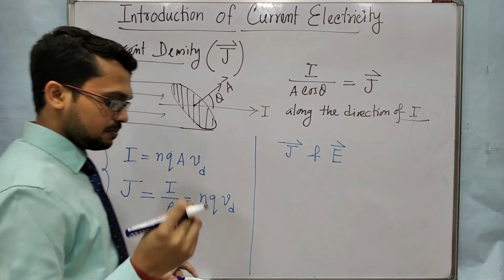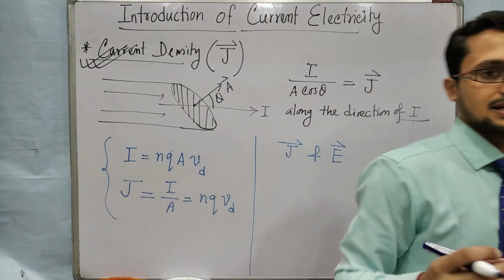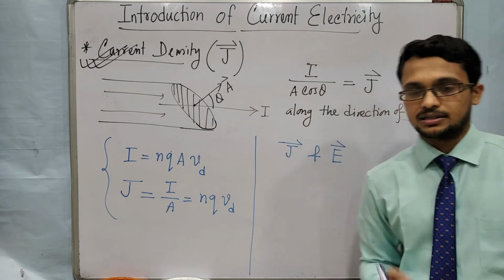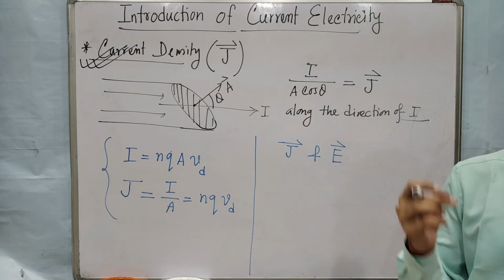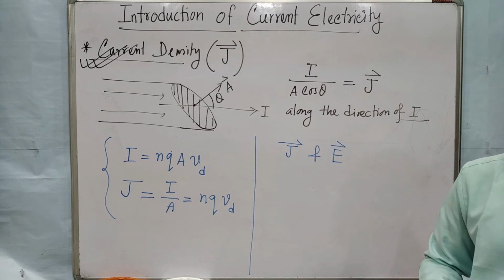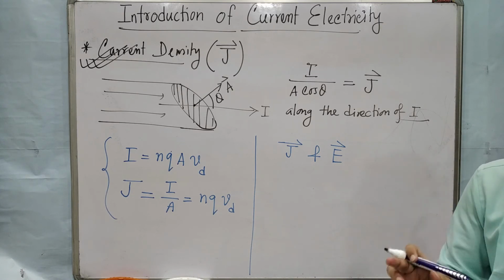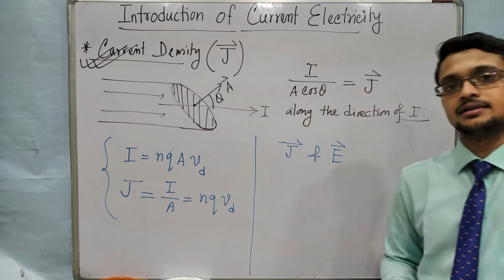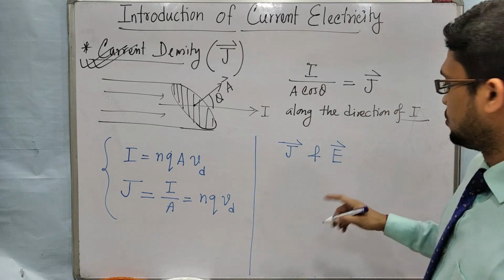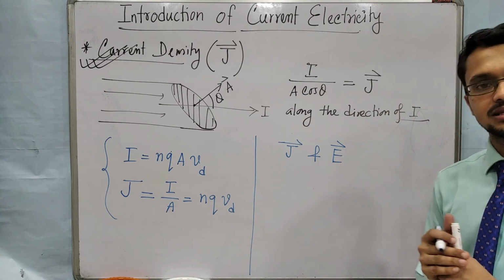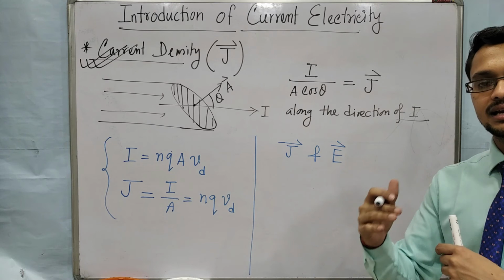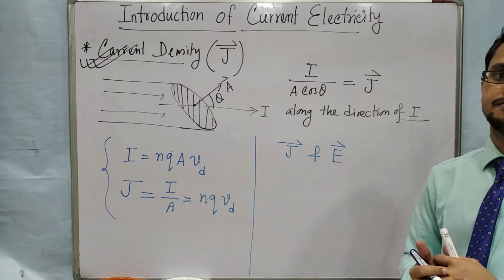The battery is mainly generating the potential difference. Due to that battery, the free electrons are flowing in a particular direction. Without battery, the free electrons will not flow in a particular direction. So whenever there is a potential difference, we can get an electric field.